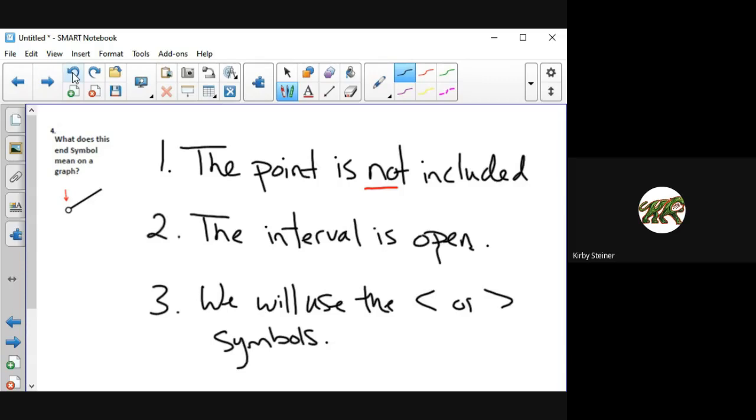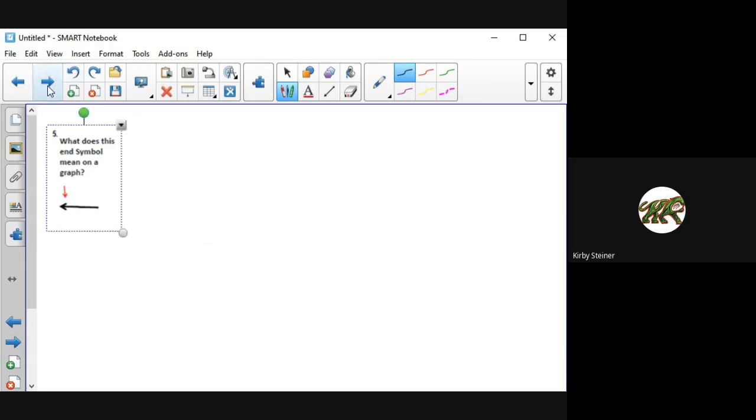All right, so let's look at some other key graphical features that will help us define domains and ranges.